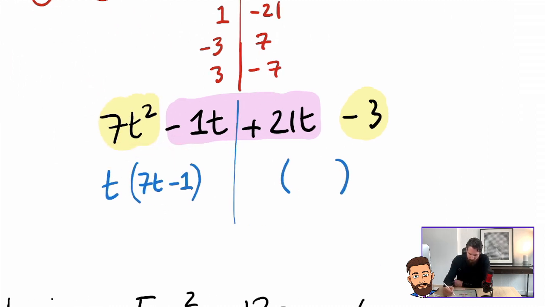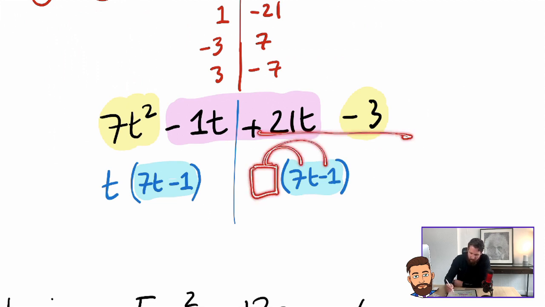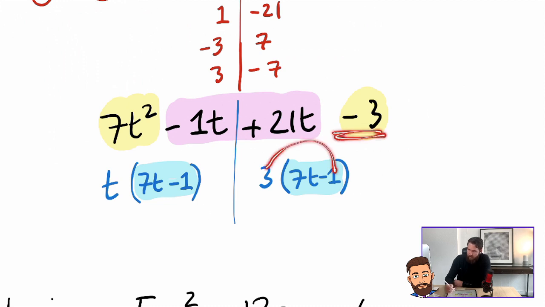Well, now we can use our trick where we know these brackets need to be the same, so I can just replace this with 7t minus 1. What would need to be on the outside to make this work? Well, what do I times 7t by to get 21t? 3. And check if it works. What's 3 times minus 1? Minus 3.